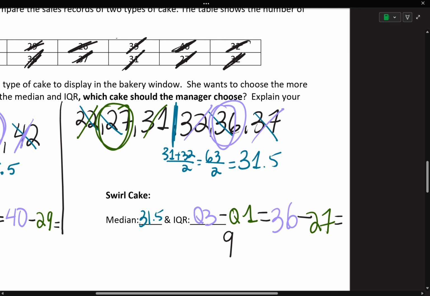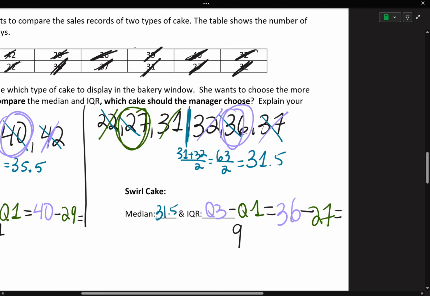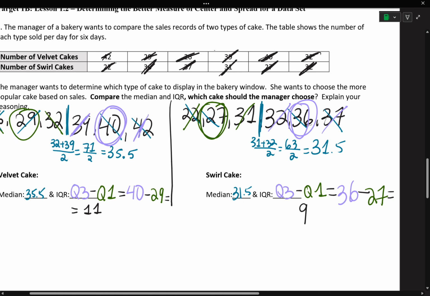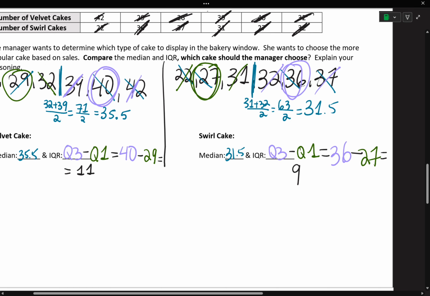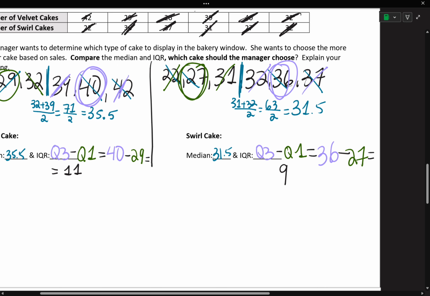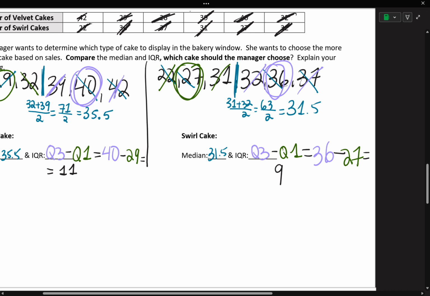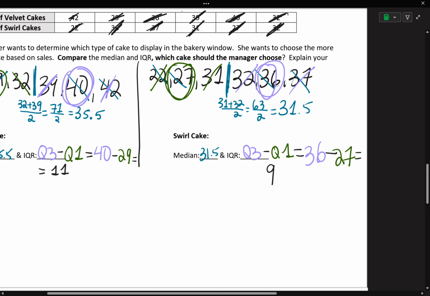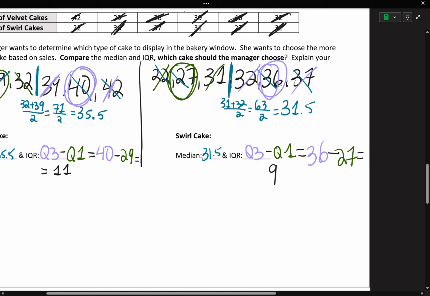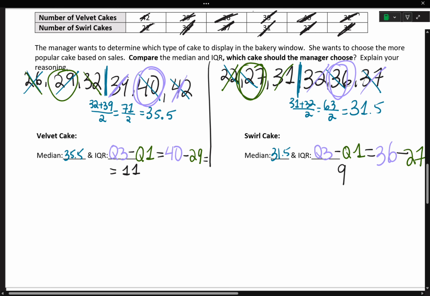Then there's median 31.5. Okay, so which one should she choose? Yeah, the median of the swirl cake is a little smaller. However, she can depend on that swirl cake to sell because the IQR is 9. It's a pretty consistent seller, right?